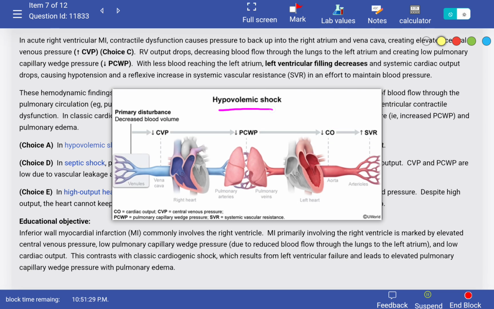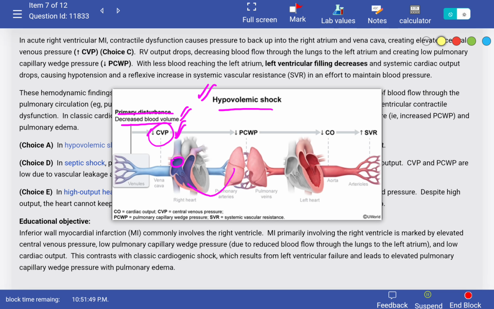In hypovolemic shock, right, the primary disturbance is a decreased blood volume. So if there is less blood volume, there will be less venous return. So over here the pressure would be decreased because there is no fluid accumulation, because there is no fluid over here, so central venous pressure would be decreased.